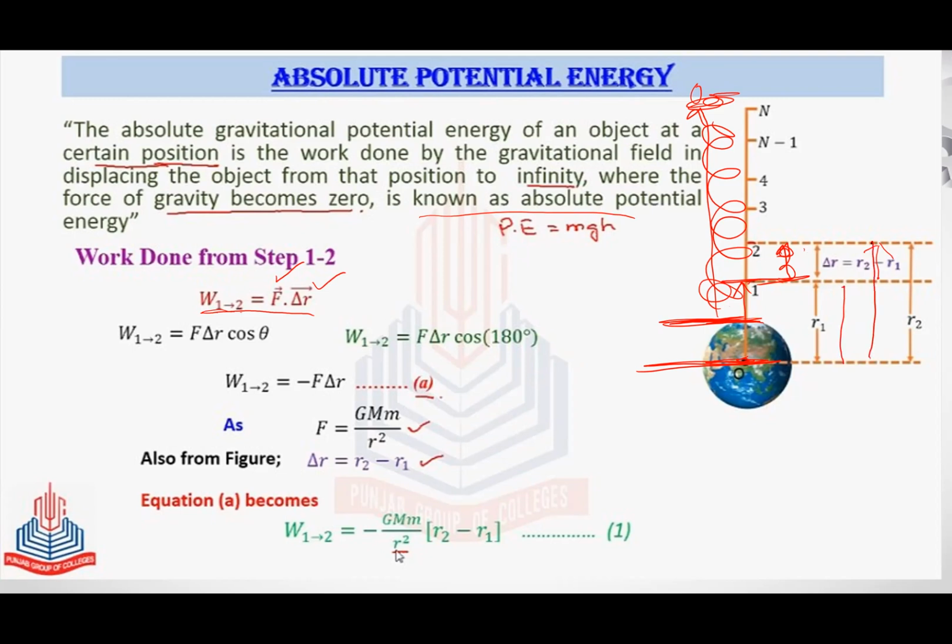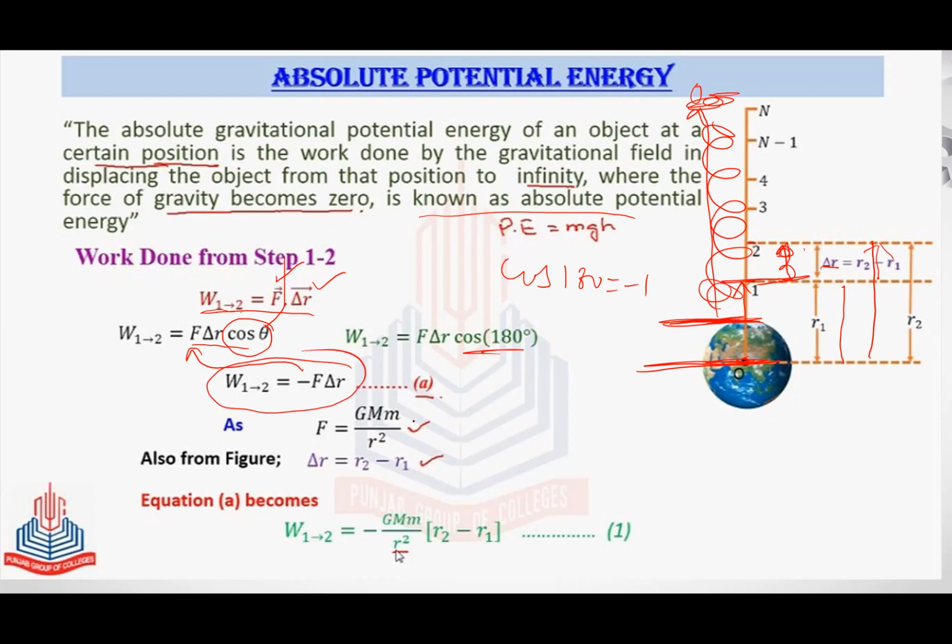This distance is R2. So del R is the difference between these two distances. So F dot del R is F del R cos theta, and cos 180 is equal to minus 1. So F del R, and here you write minus. You will get this equation.